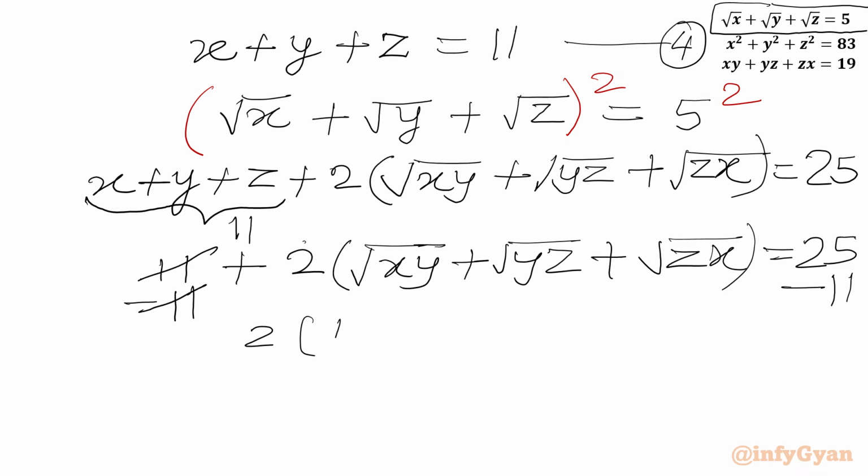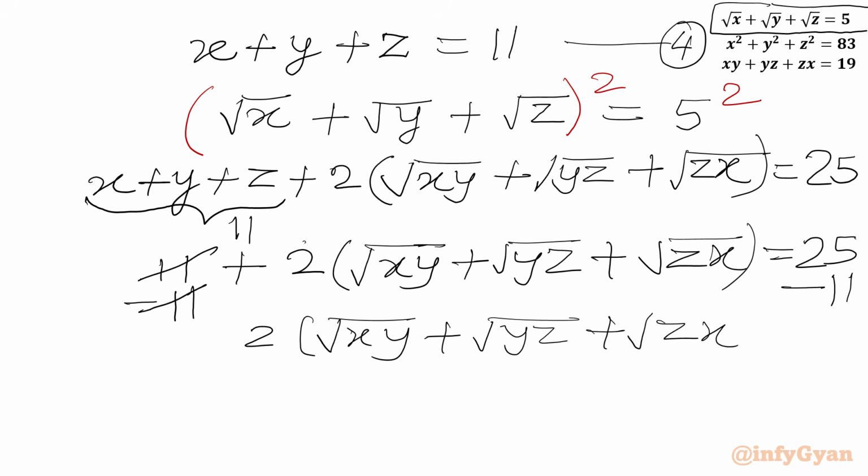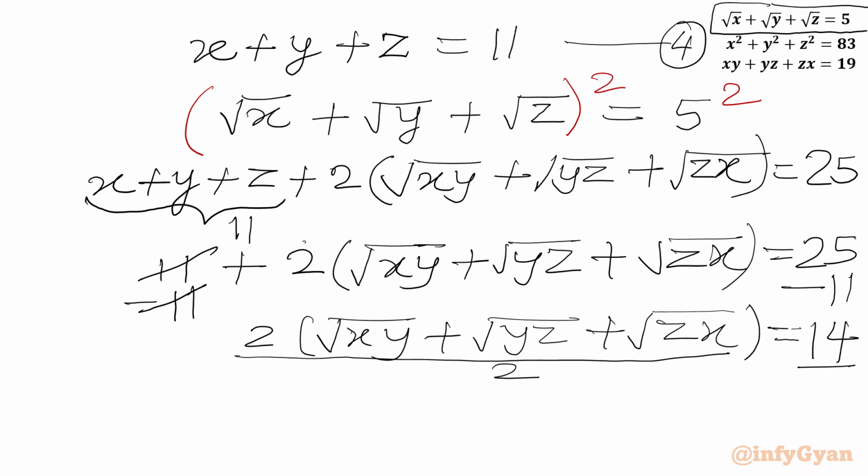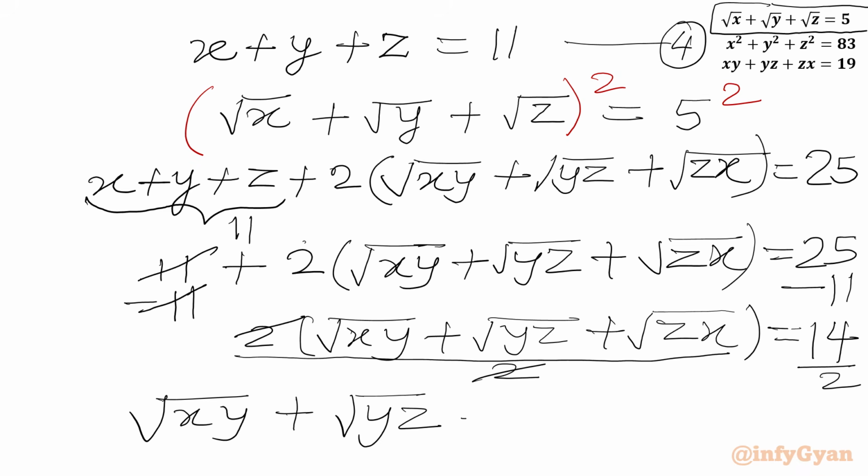We will get 2 times square root xy plus square root yz plus square root zx equal to 25 minus 11 is 14. Now we have to divide both sides by 2 so that LHS 2 will be over. So we will get root xy plus root yz plus root zx equal to 14 over 2, which is 7. Let's say this is our equation number 5.